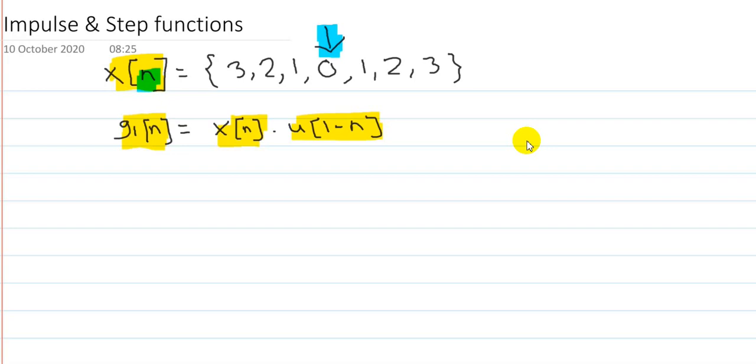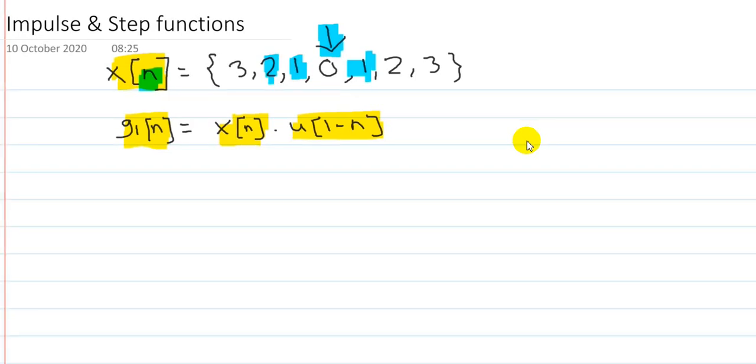Similarly, if we move to the right side, this will be at position n equal to 1, and this is a sample value. Similarly, I have another sample value 2 at n equal to 2 and so on. If you move to the left side, it will be the sample value at n equal to minus 1. Similarly, this is a sample value at n equal to minus 2 and so on. So let us plot our signals here.